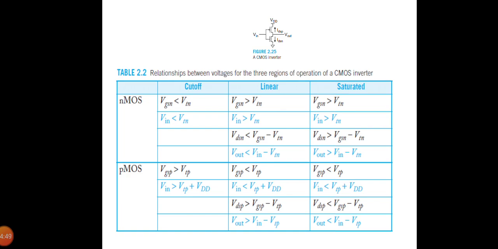We have selected the input voltage Vin, the output voltage Vout, and the NMOS drain current IDN as the variables of choice. The PMOS IV relationships can be translated into this variable space by some simple relations: IDSP is equal to minus IDSN, VGSN is equal to Vin, VGSP is equal to Vin minus VDD, VDSN is equal to Vout, and VDSP is equal to Vout minus VDD.